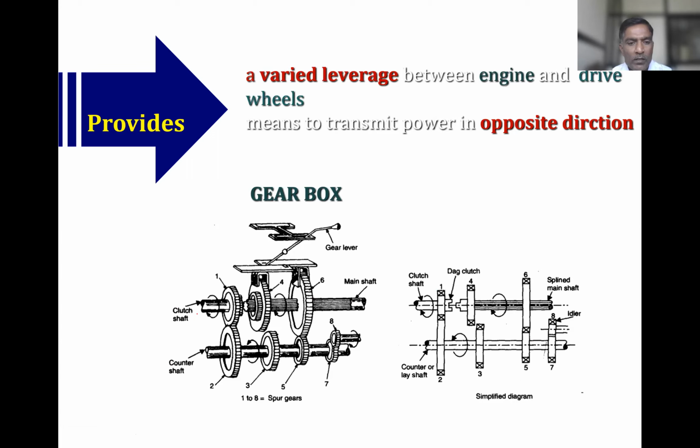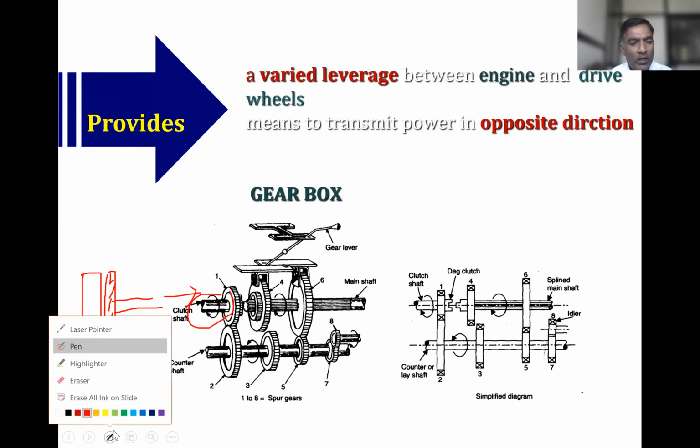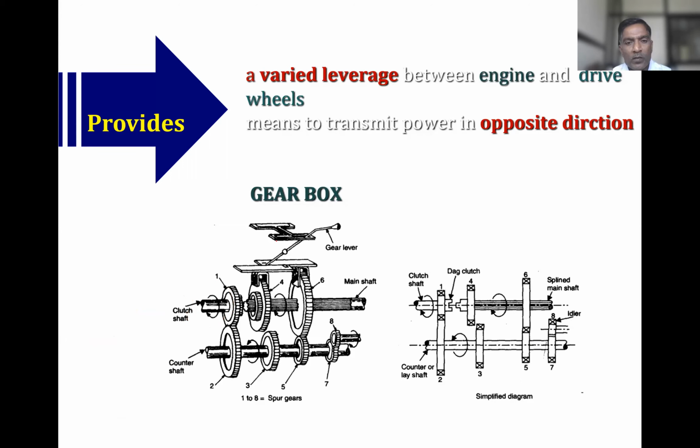Here you can see the clutch shaft. This is the flywheel. This is the clutch plate, I will show some hatching. And this is the clutch shaft. This is required to have varied leverage between the engine and the drive axle.